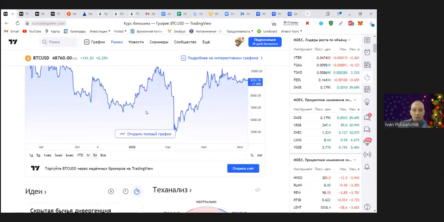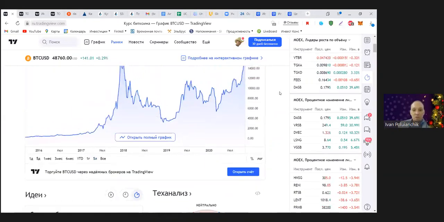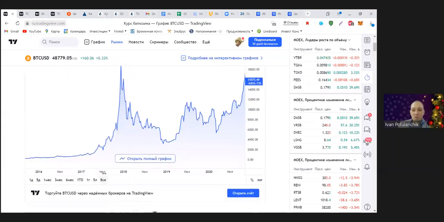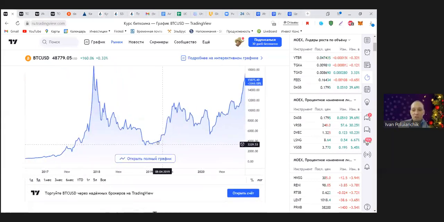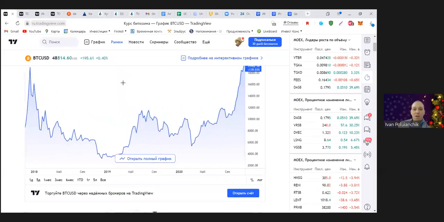So look, here it is, 5 years, okay? It's 2017, the history of Bitcoin. It's 17, 18, 20, Bitcoin cost almost 20,000. And then for 3 years, it was less than that.